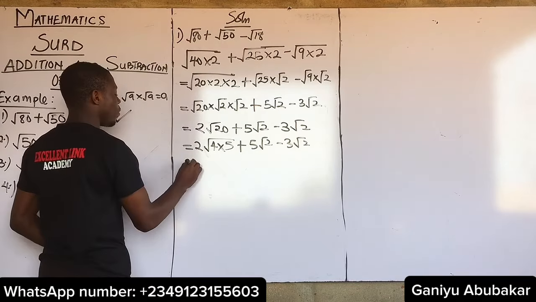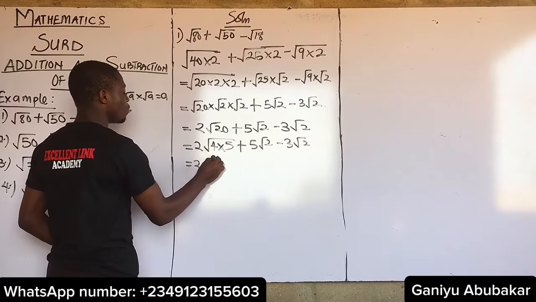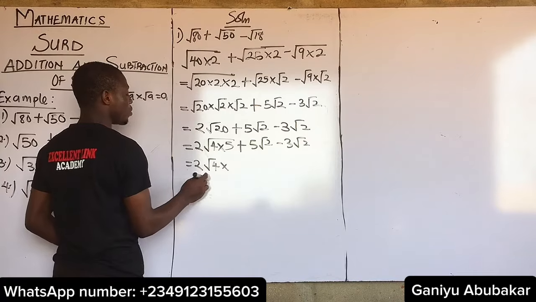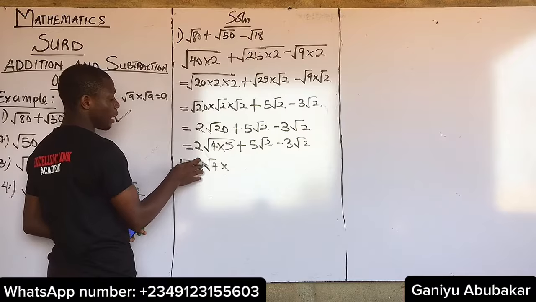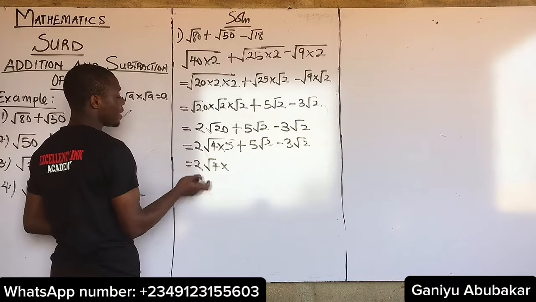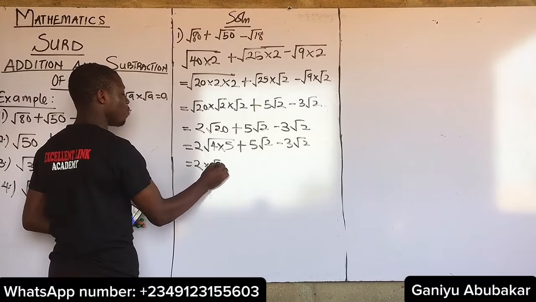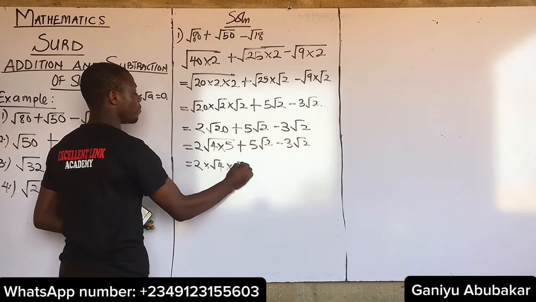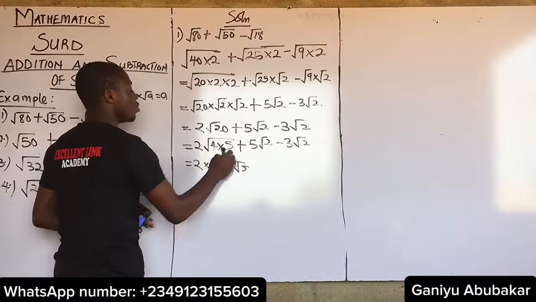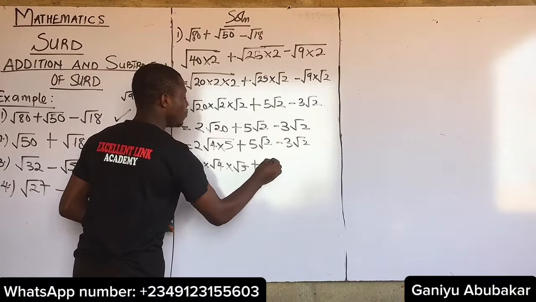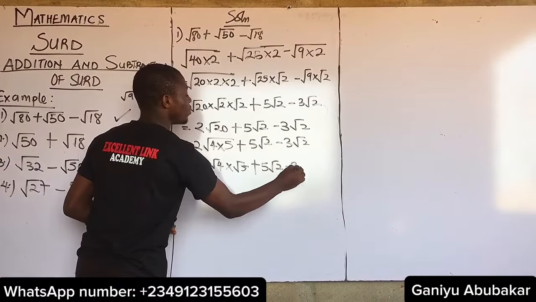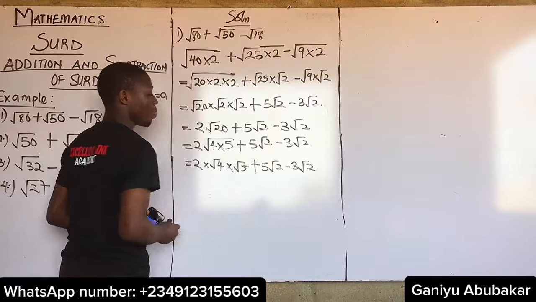Separate this one here. I'll have that 2 root 4 times, or better still, I'll have 2 times, this one becomes root 4 times root 5. See the same thing. So plus 5 root 2 minus 3 root 2.